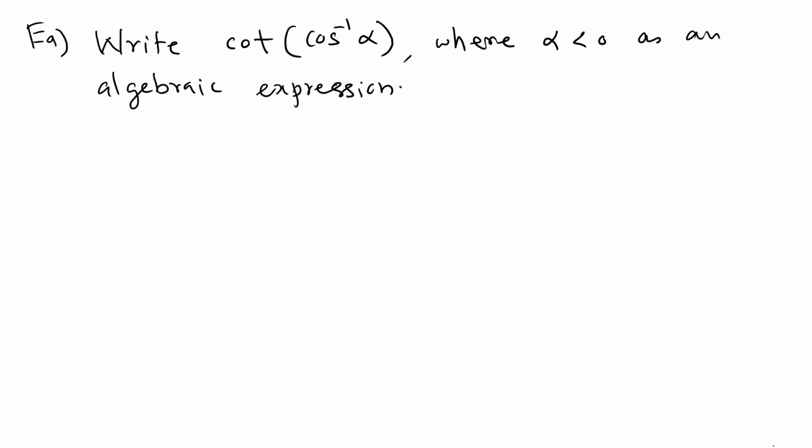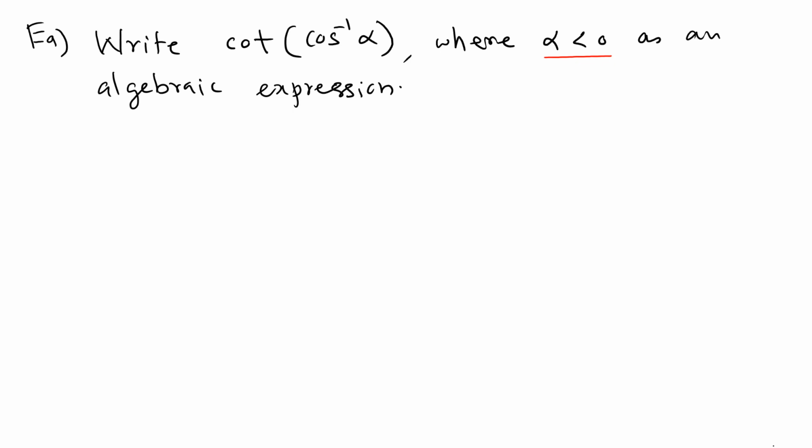As the next problem, we have to write cotangent of cosine inverse alpha as an algebraic expression, where alpha is negative. Alpha negative means the angle that you get is in the second quadrant.